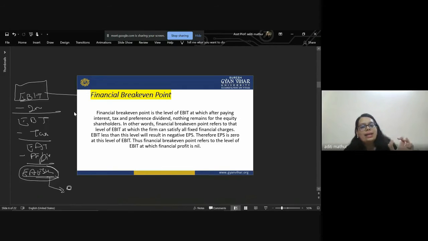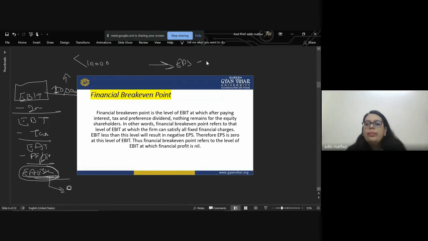And when this EBIT is less than this level, the result of EPS will be negative. That means at present, if I am earning 10,000 as my EBIT and I am getting zero as my earnings available for equity shareholders, so if I earn less than 10,000, my EPS will be negative, right?